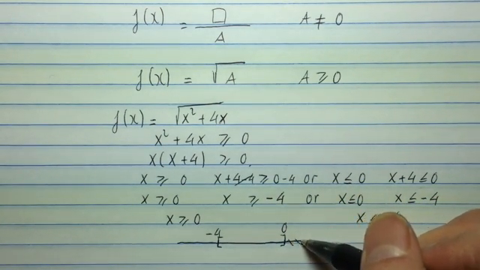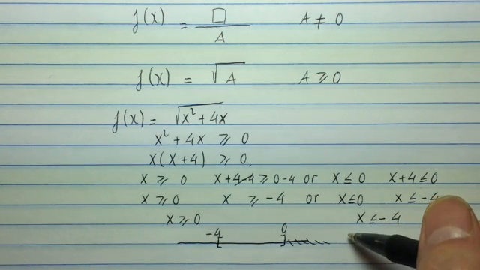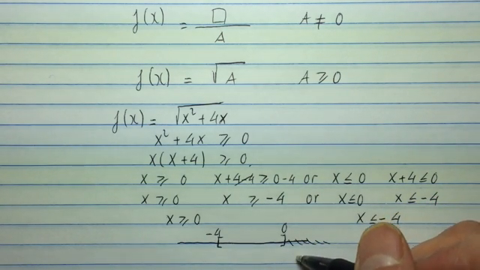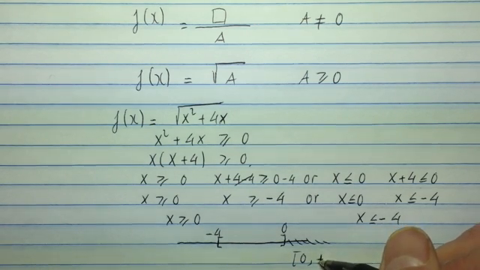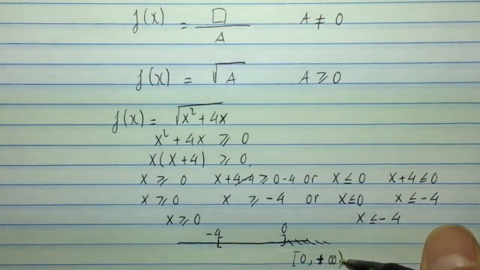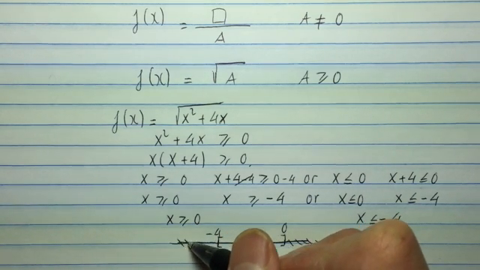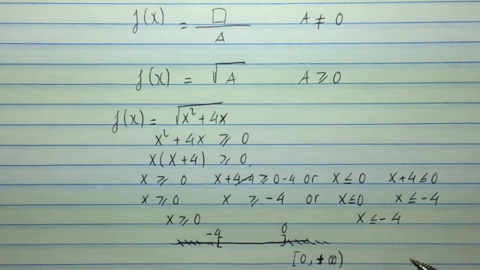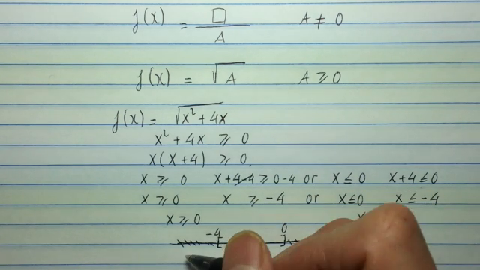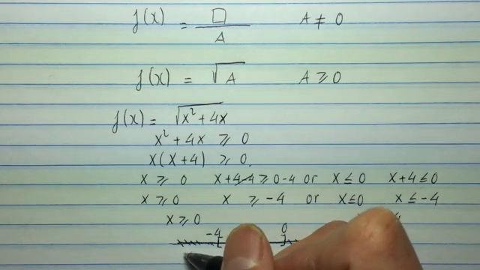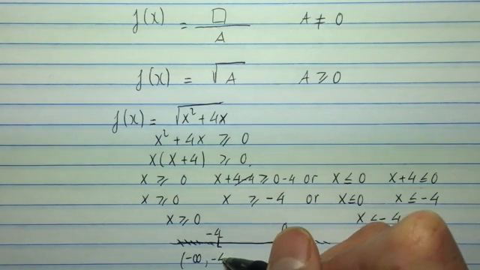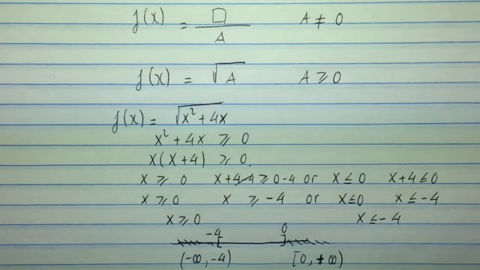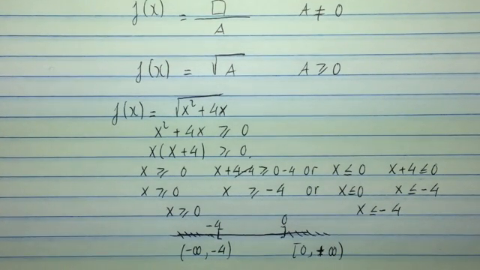So x bigger than 0 means any number from 0 to infinity, and x less than or equal to minus 4 means any value of x from minus 4 to minus infinity. This is my domain of the function f(x).